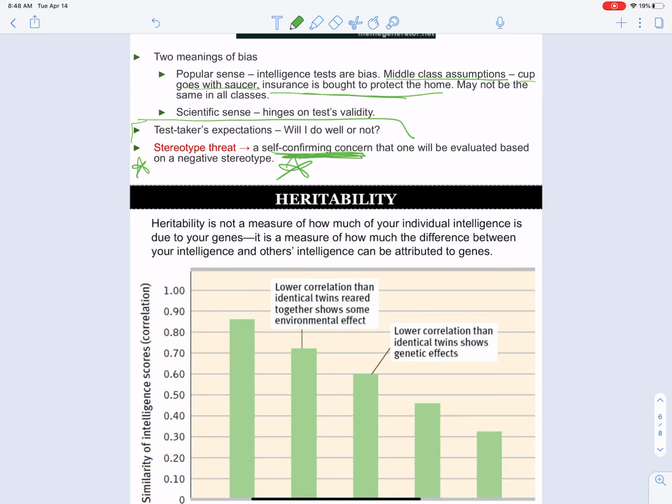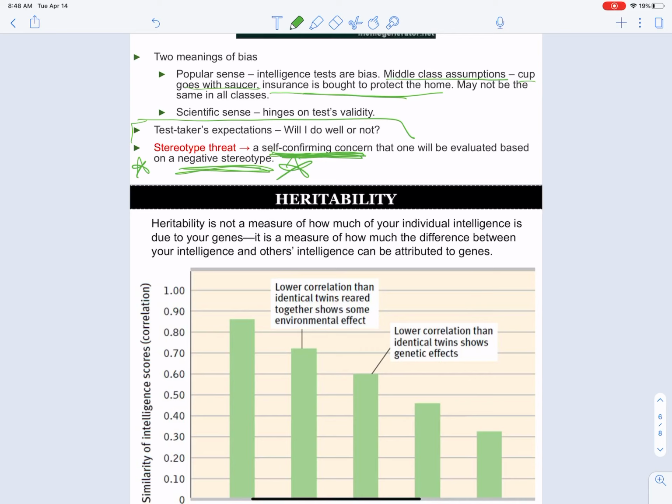This is not saying that there will be stereotypes about the individual taking the test and will look at their outcome in that way. This is talking about the person who walks into the test and their own concern about negative stereotyping can affect their achievement on the test. For example, there used to be this notion, which we know is not true, that girls are not good at math.